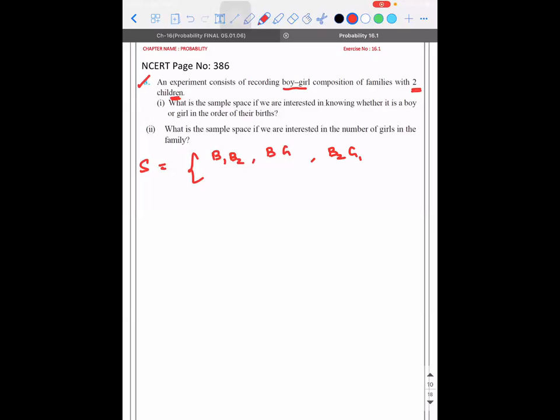Both can be boys, both can be girls, G1, G2.